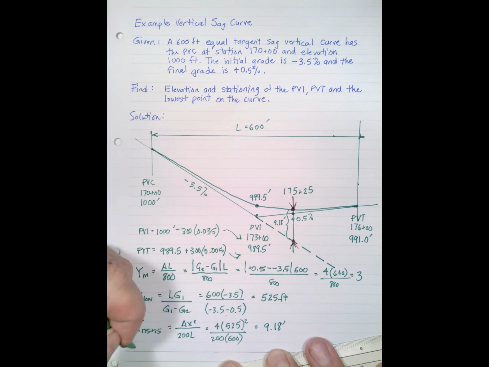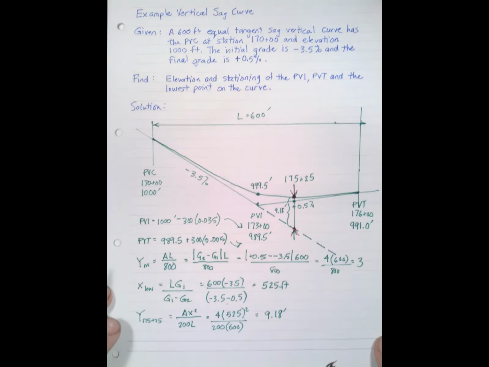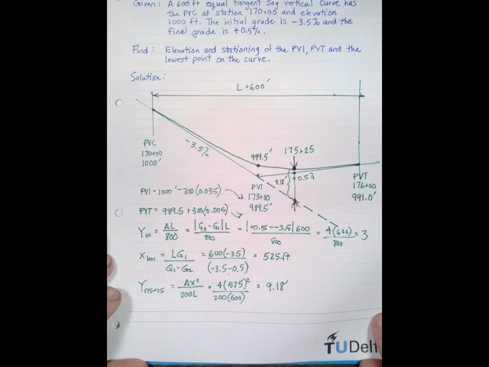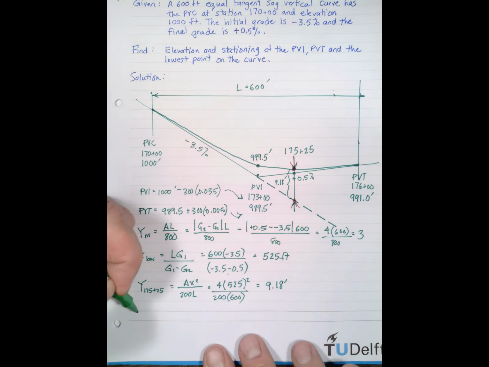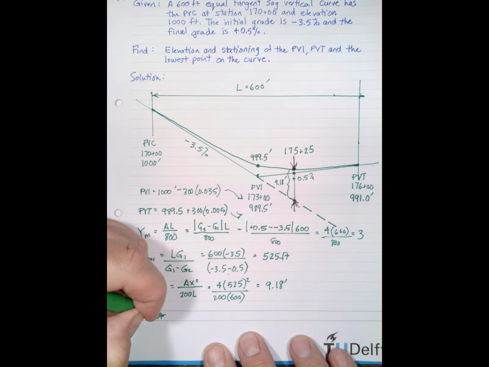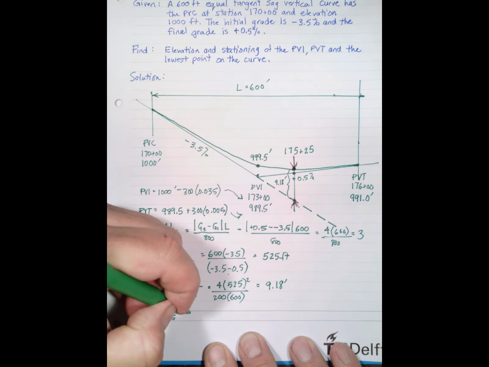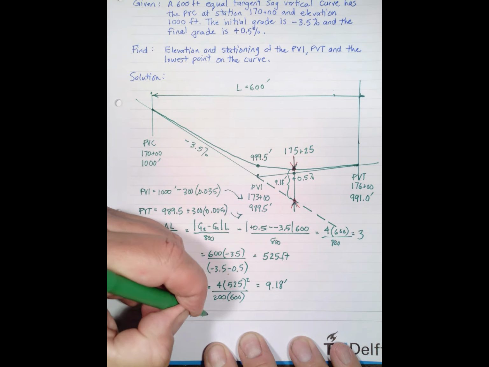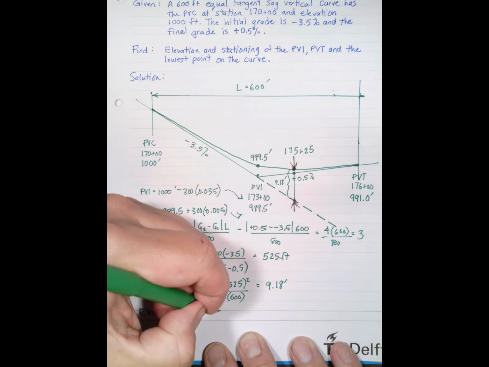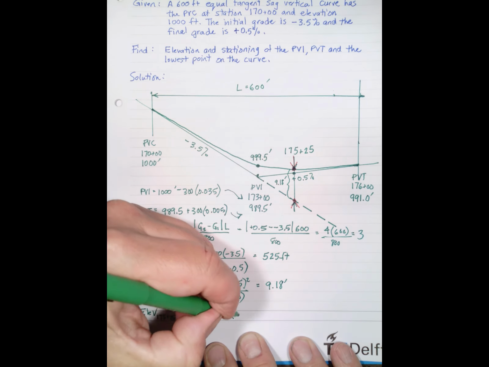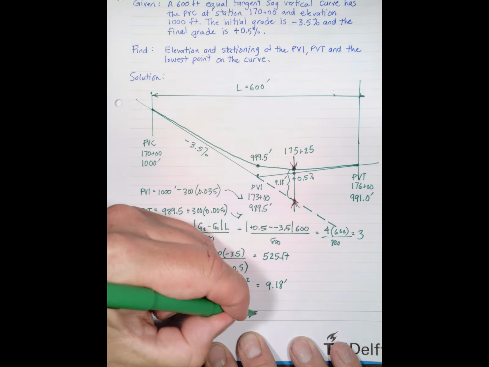So in order finally to find the elevation on the curve at the low point, the elevation at 175 plus 25, we can start from the PVC equals 1,000 minus 525 times 0.035.